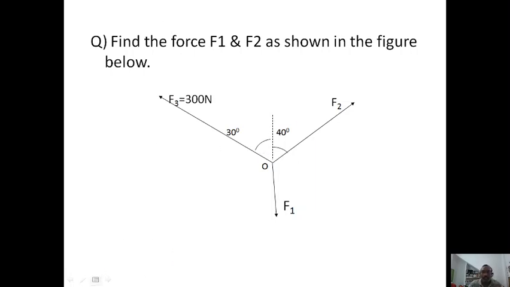I am making calculations for F2. So I need to obtain the angles. Now this is the angle. What is the angle here? It is 60. This one is 60.